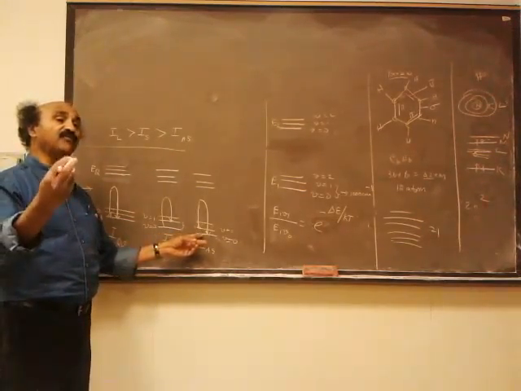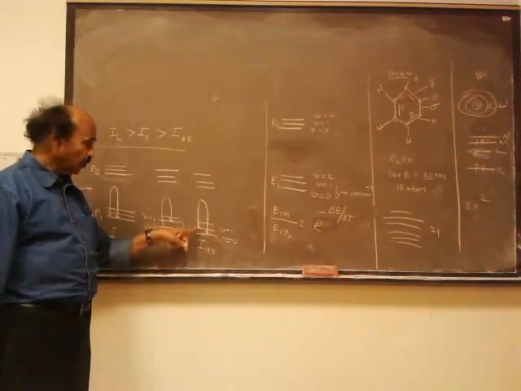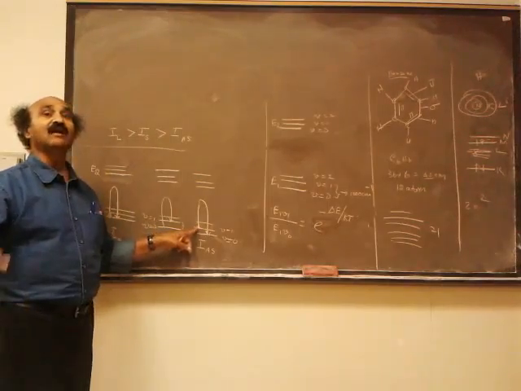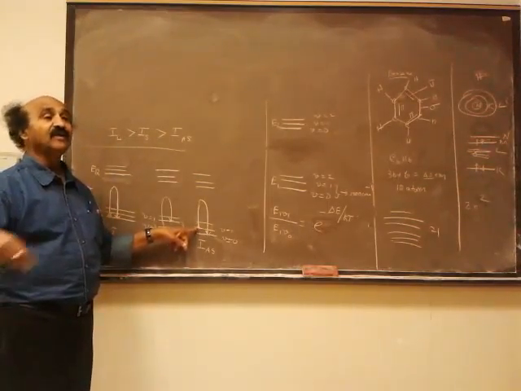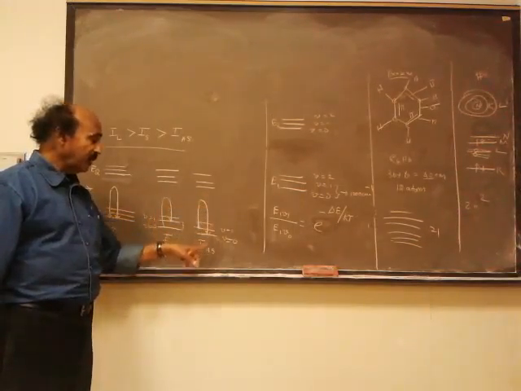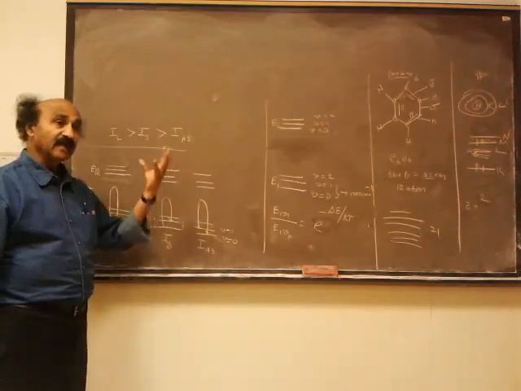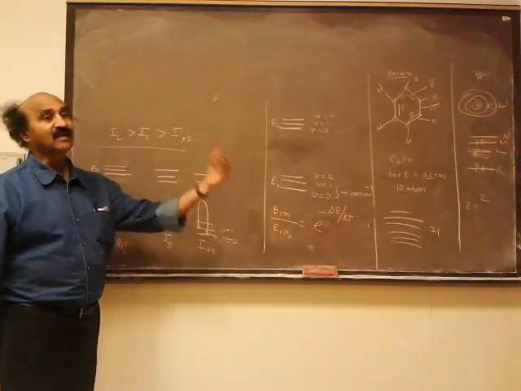Only very, very few molecules will be here. Only one molecule, which is already excited, will give the energy to the incident radiation. So only a very weak light will have energy greater than the given energy.